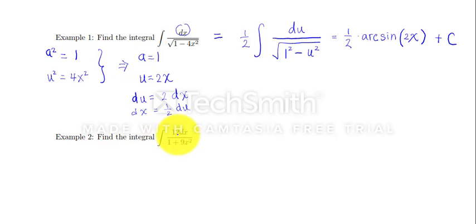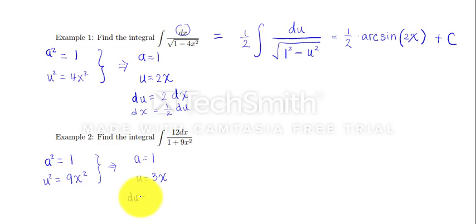And you don't need to worry about this number 12 because we can always factor it out. So our a squared will be the constant 1 and our u squared will be 9x squared. So that will give us a equals 1 and u equals 3x.